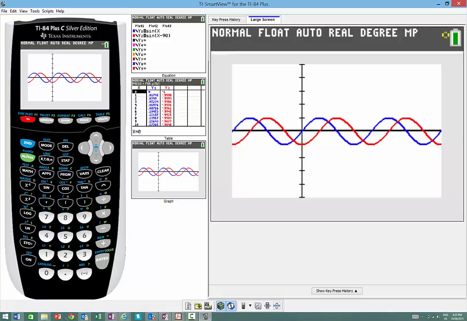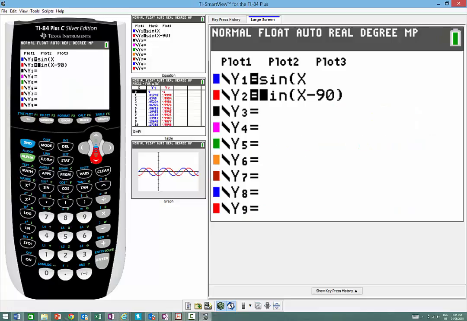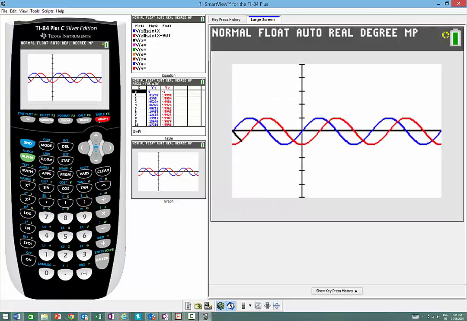Alright, so let's just do another one. Let's do sine of x, and let's add 180. We'll try that and see what actually happens. What's happening here is that the point that we'd normally start with is being moved that way, not 90 degrees, but 180 degrees.